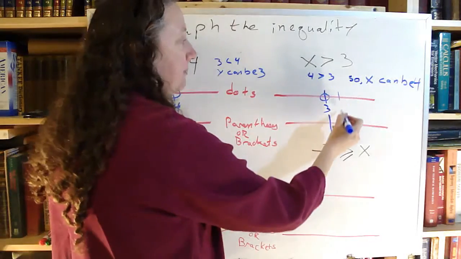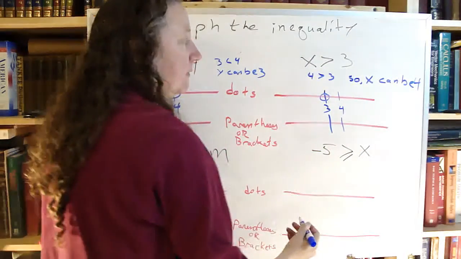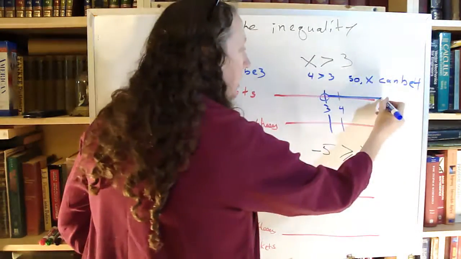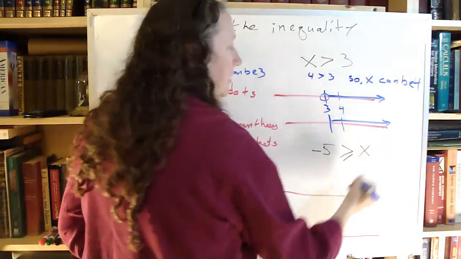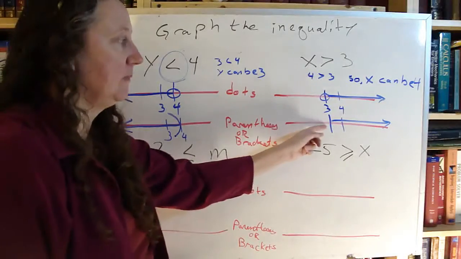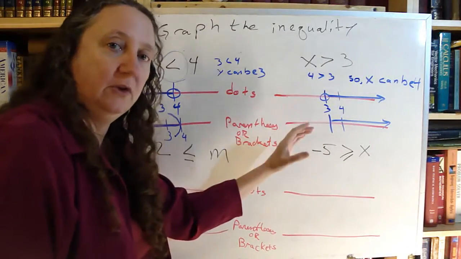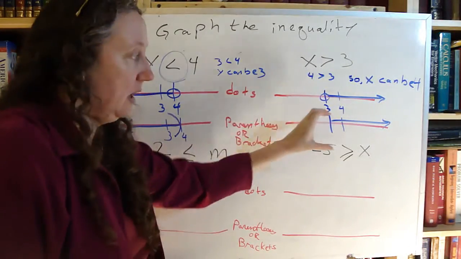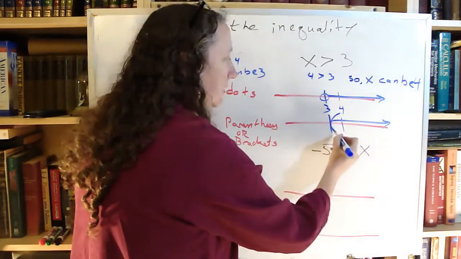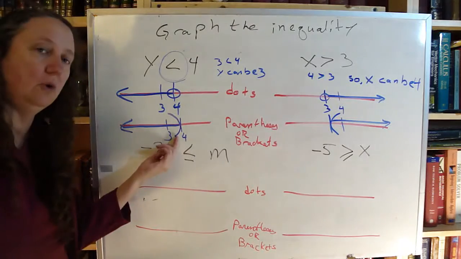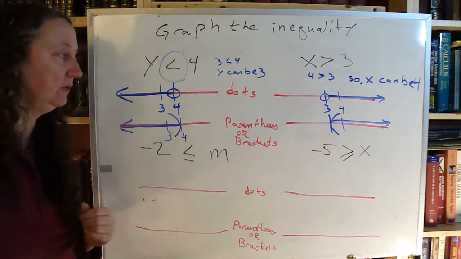So I find 4 on my graph. And now I know that my line can go out in that direction, which now tells me with my parentheses, I want my opening parentheses here, as opposed to over here I had a closing parentheses.